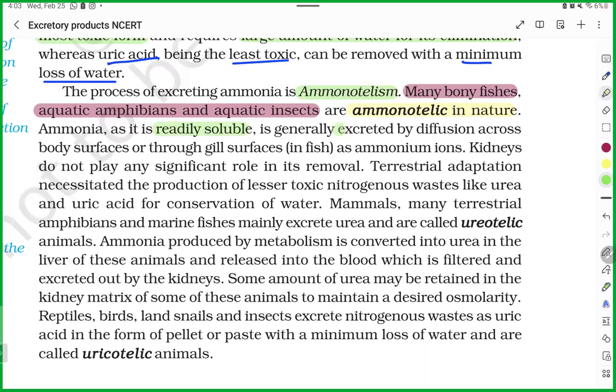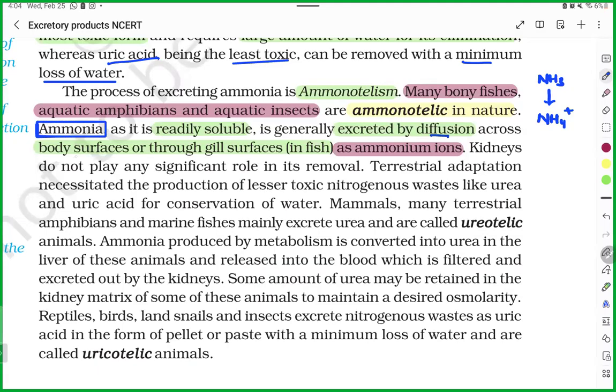That's why it is easily excreted without any energy, either from the body surface or through the gill surface in the case of fish, in the form of ammonium ion. So ammonia is water soluble. Ammonia is removed by the diffusion process.